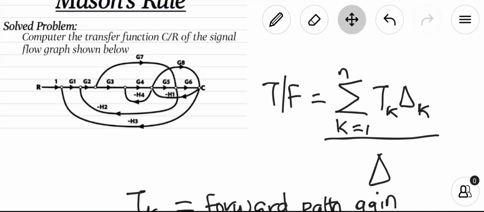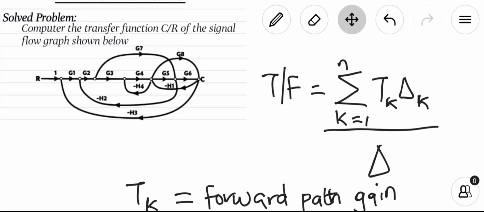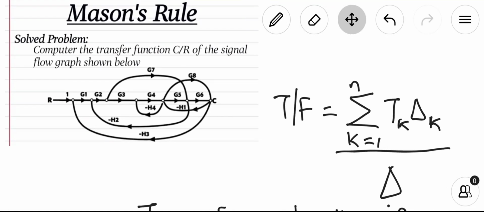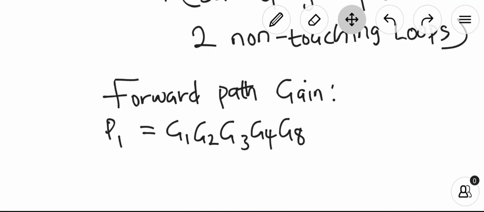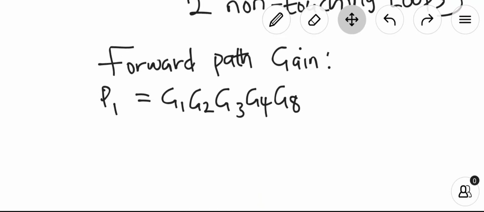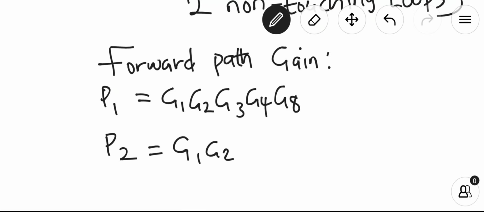Then the next is this other path that I will use as my P2: G1, G2, G7 and G6.